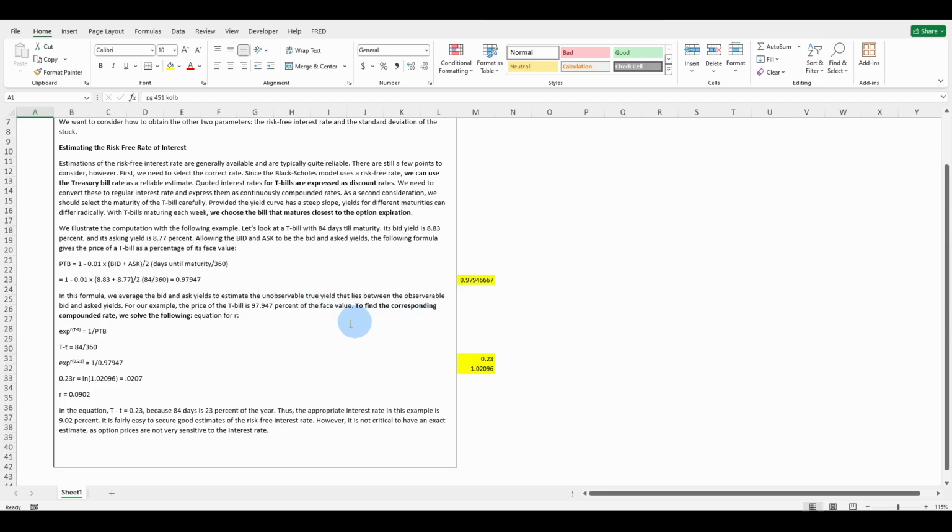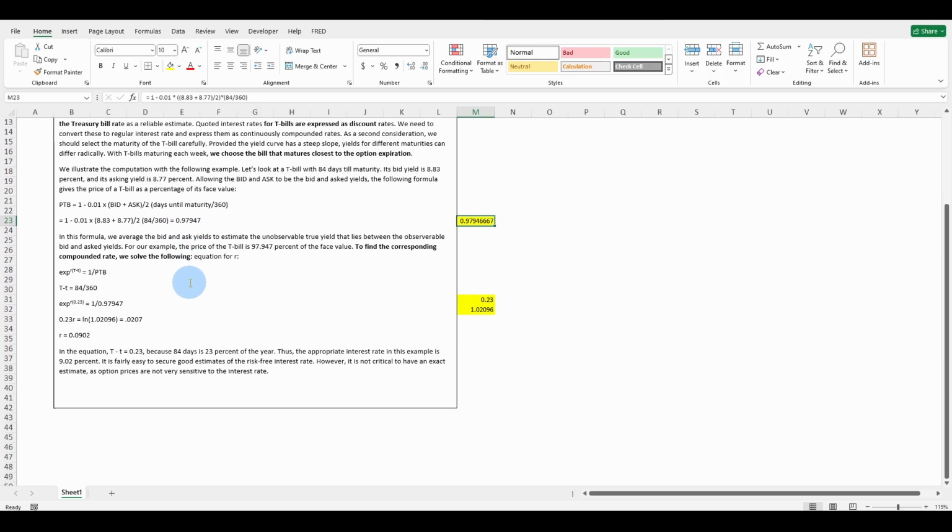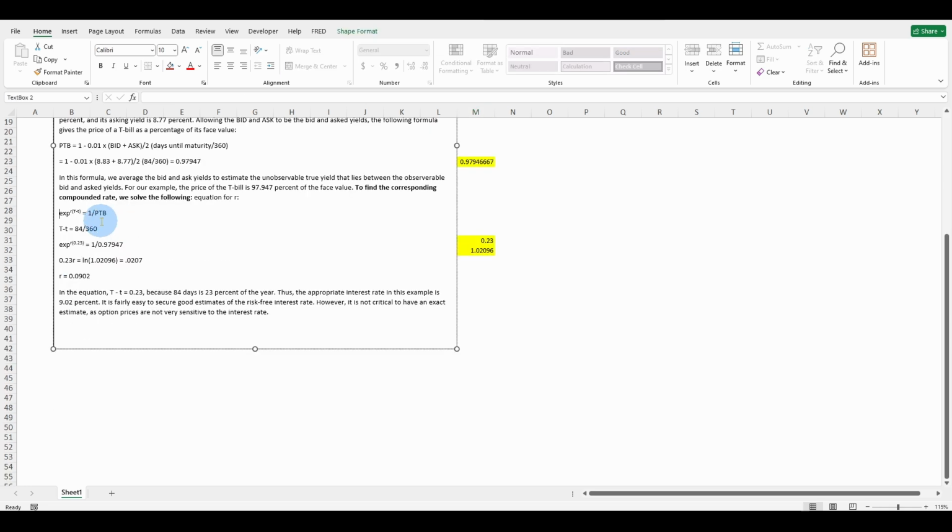To find the corresponding compounded rate, we solve the following equation for R. In terms of the corresponding compound rate, as we've done repeatedly, EXP(R(T minus t)) is equal to 1 divided by PTB, where T minus t would be 84/360.